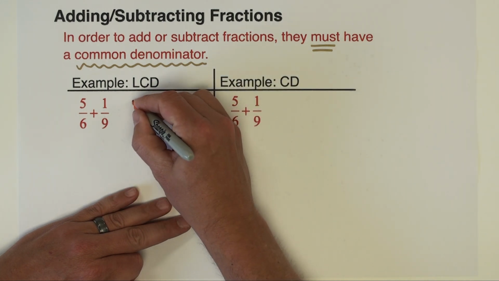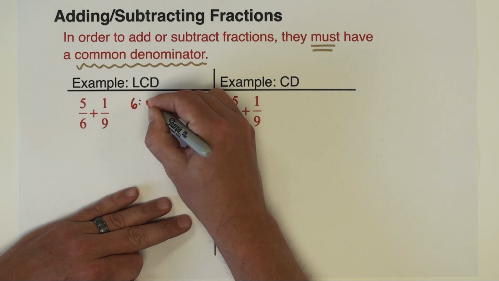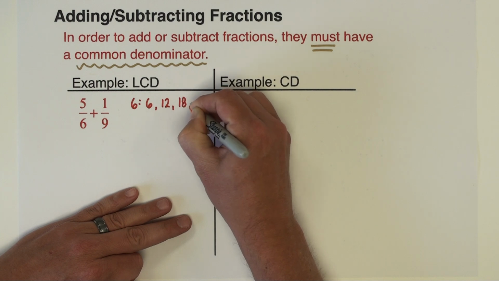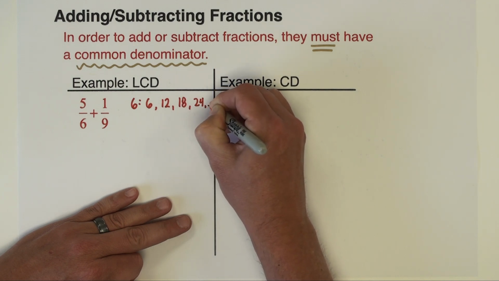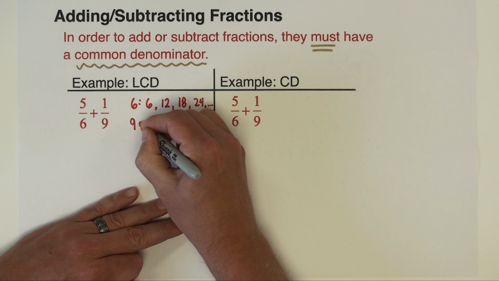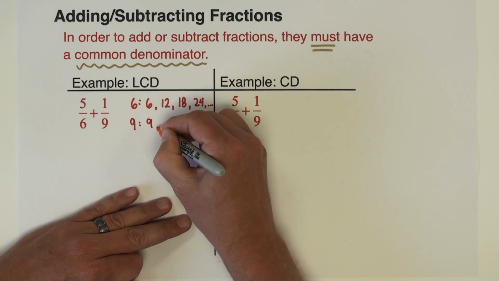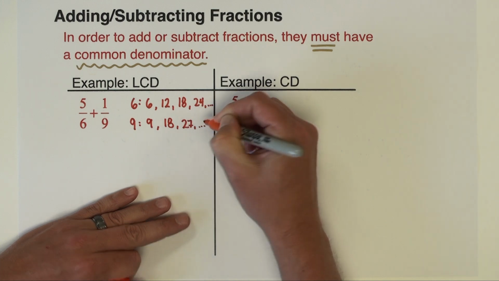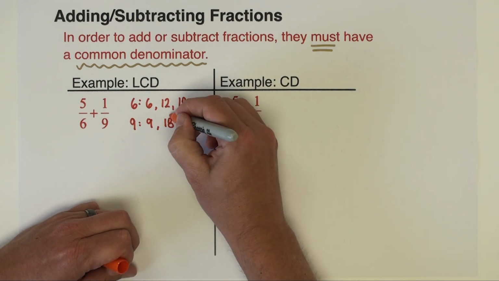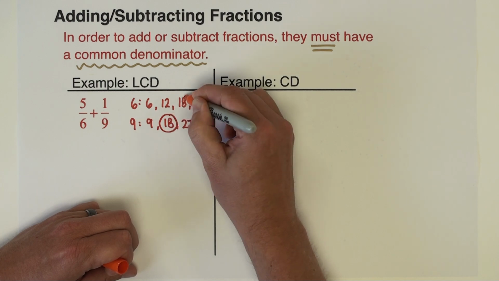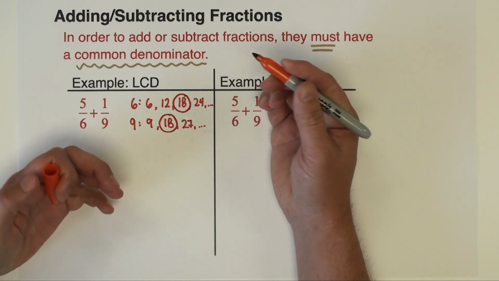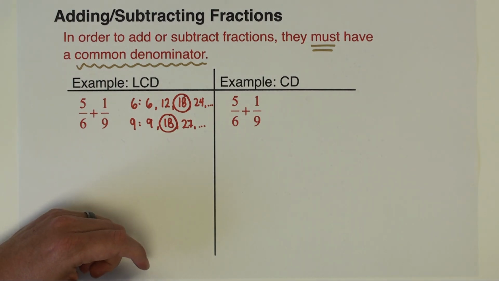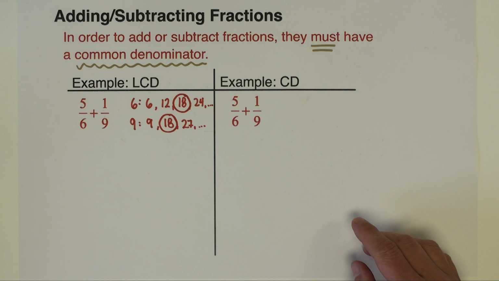So 6 has multiples of 6, 12, 18, 24, etc. 9 has multiples of 9, 18, 27, etc. And what I'm looking for is the smallest number that is the same or common. So I'm looking for that least common multiple, which is going to become my least common denominator.